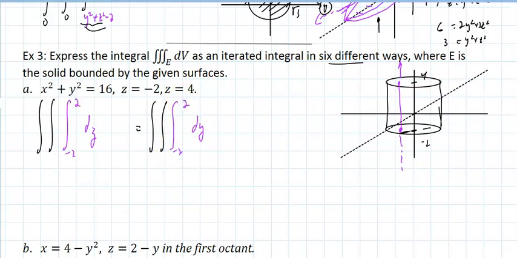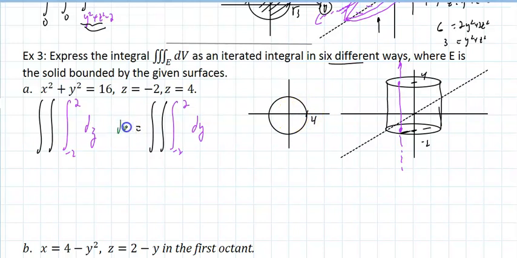In this case, I'm looking at a circle. All I see is a circle with a radius of 4. r dr d theta doesn't work because that only does it one way. So instead, let's look.